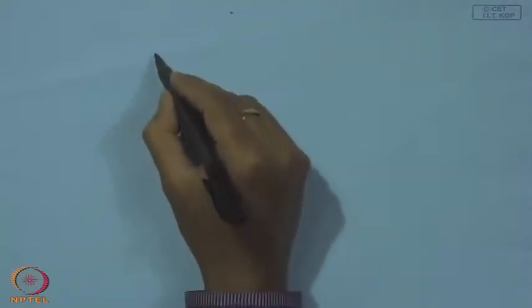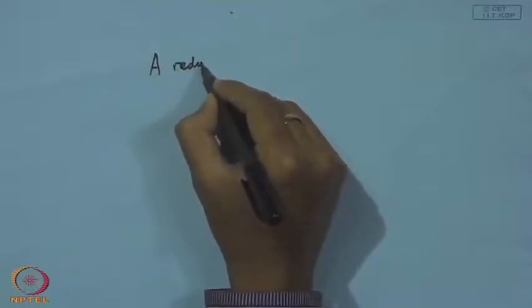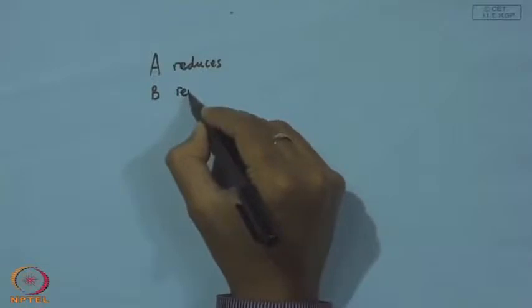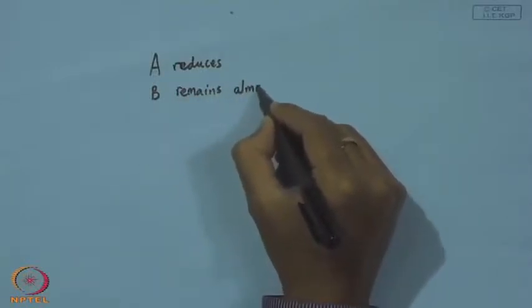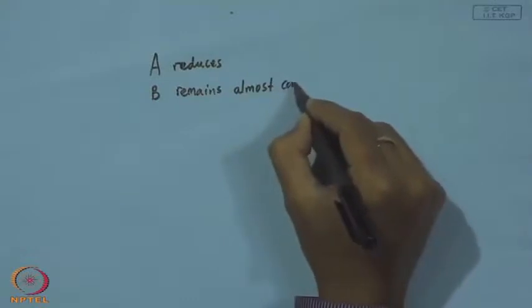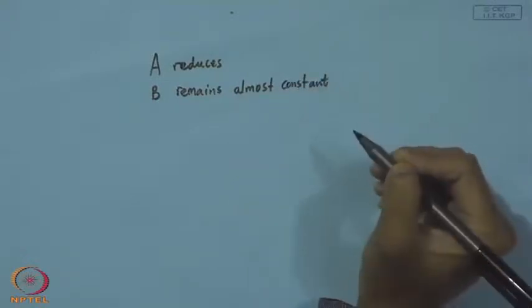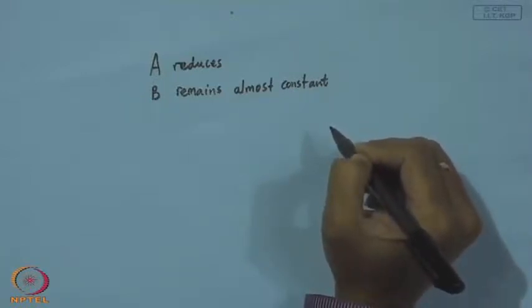So, during the course of reaction A reduces, but B remains almost constant. Now, if we plot this one, the plot will look like a first order one.